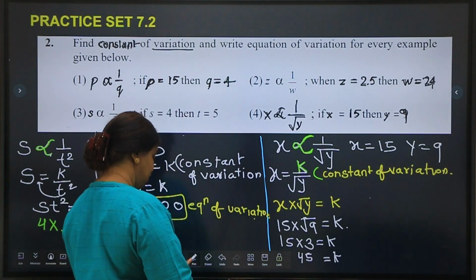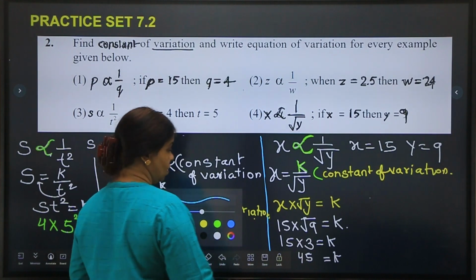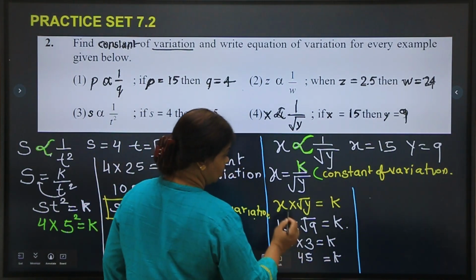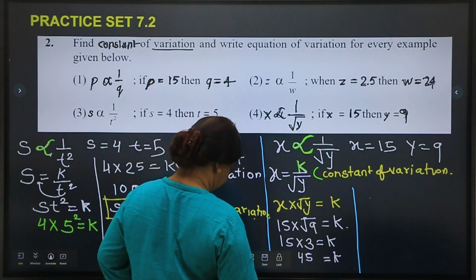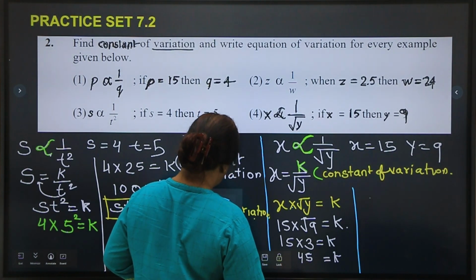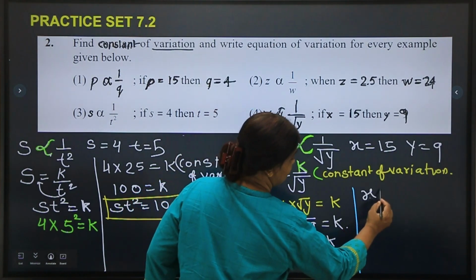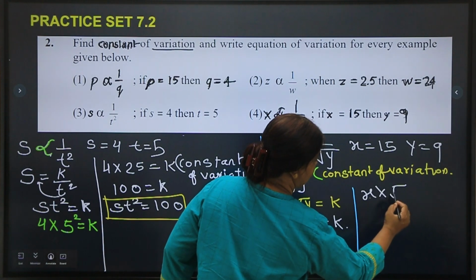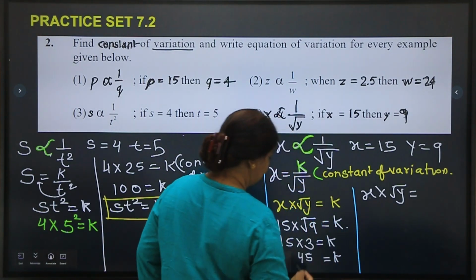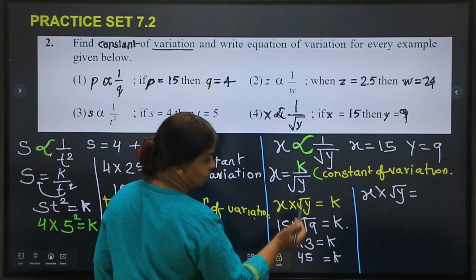Now let us write the equation of variation. So we have x into root y is equal to what? K, and k is 45.